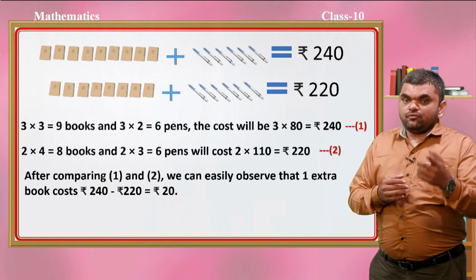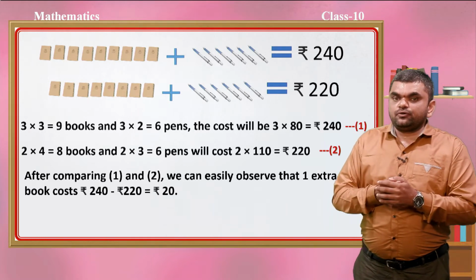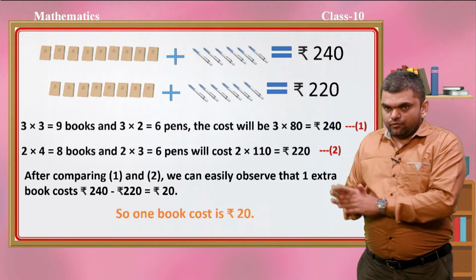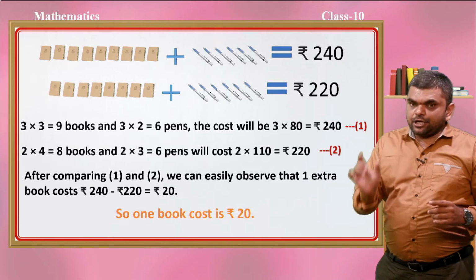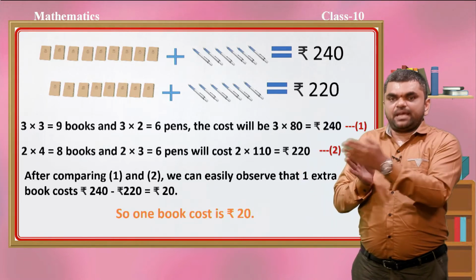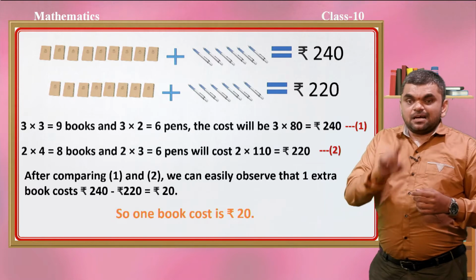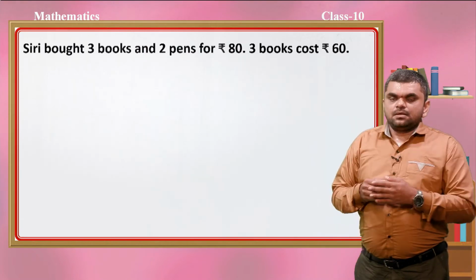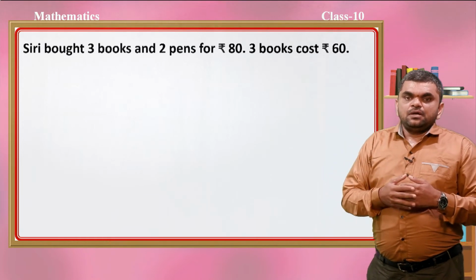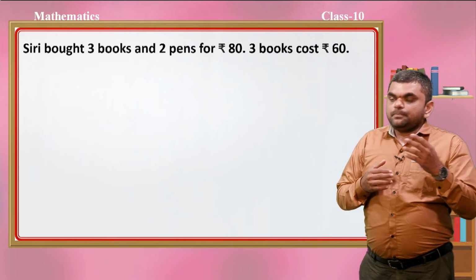That is 240 minus 220 is equal to 20, which means 9 books and 6 pens cost 240, whereas 8 books and 6 pens cost 220. We subtract 8 books from 9 books so that we get the cost of a book as 20 rupees. The cost of a book is 20 rupees, so we can easily find the cost of a pen also.